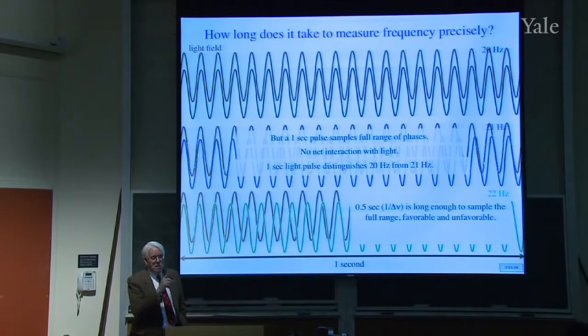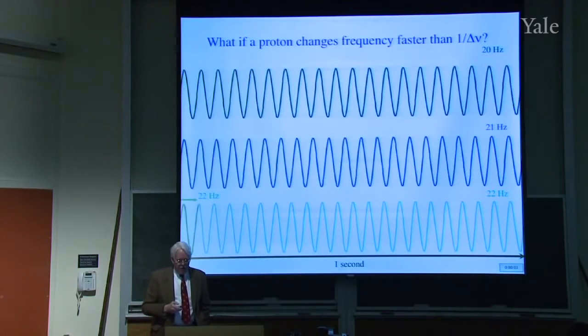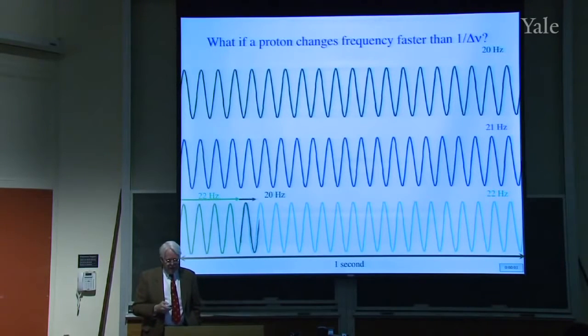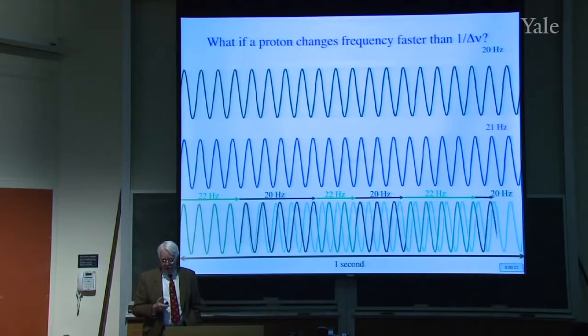Now, here's the interesting thing. Suppose the frequency is changing in time. It's averaging. A proton is jumping from one position to another and changing its frequency. Okay, suppose that it goes at 22 hertz for a while, then at 20 hertz for a while. It's in a different environment. Then at 22 hertz, then at 20 hertz, then at 22 hertz, then at 20 hertz for a while.